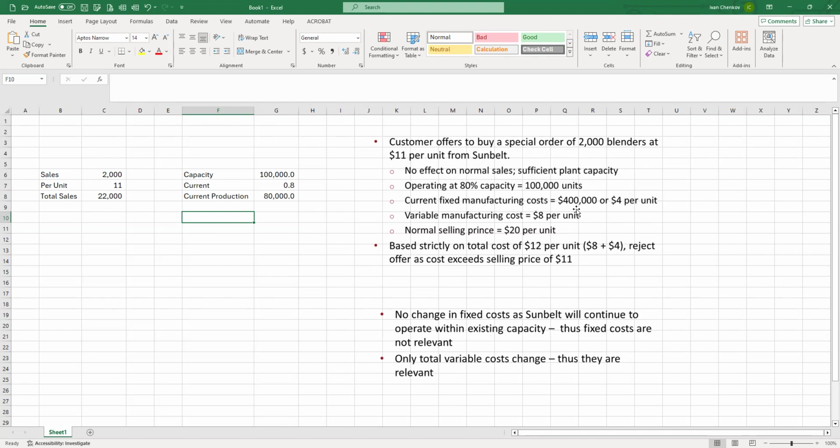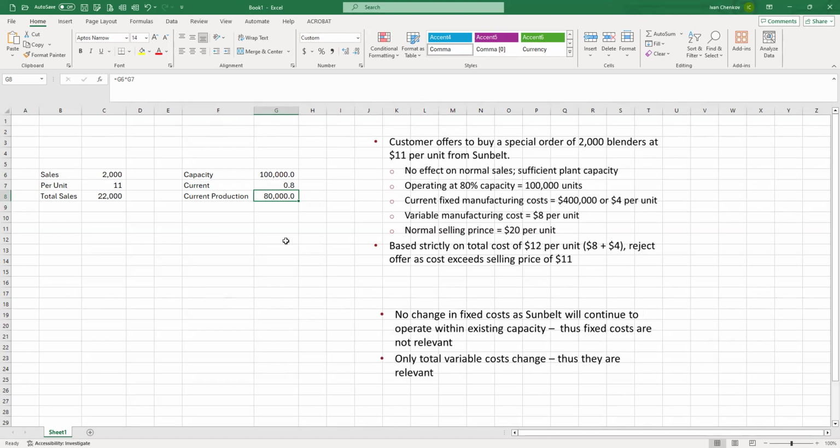No effect. Why? Because between 0 and 100 units, my fixed manufacturing cost will be $400,000. Currently, I'm producing 80. So if I increase by 2,000, that's not going to affect my fixed cost. Is that clear for everybody?